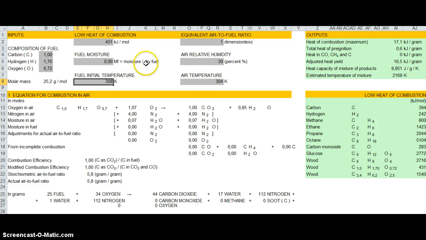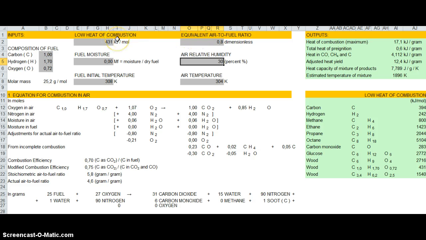If you have 100% fuel moisture, you are at 1500. And of course the same thing with the equivalent air to fuel ratio. If you go from 1 to 0.8, you also decrease substantially the temperature of the mixture of the gases that are produced by the reaction.